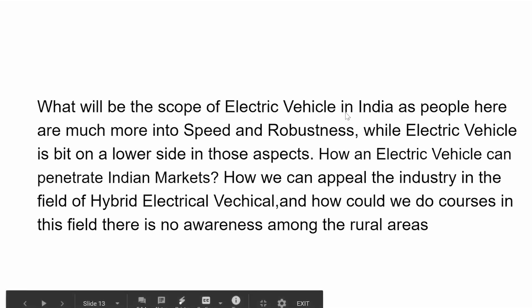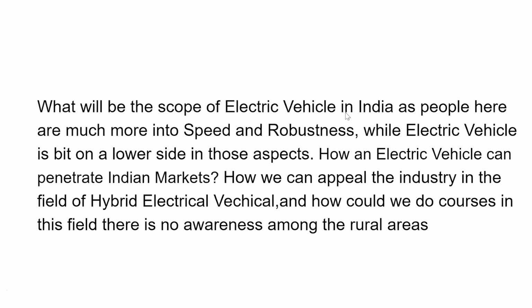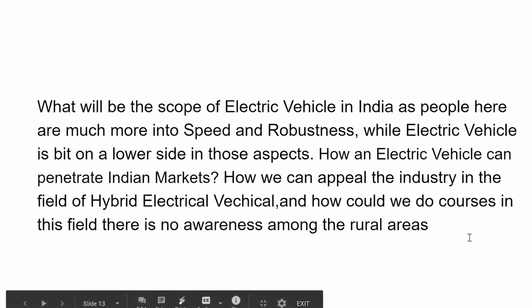Okay, so there are a lot of questions bunched into one. I'll go one by one. When it comes to speed, electric vehicles are faster than any internal combustion engine because of the torque characteristics that they have. You take an electric vehicle and you take a 6-cylinder or 8-cylinder engine, and the electric vehicle can still be faster than those internal combustion engines.